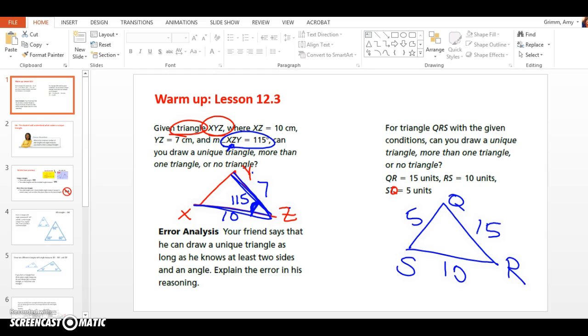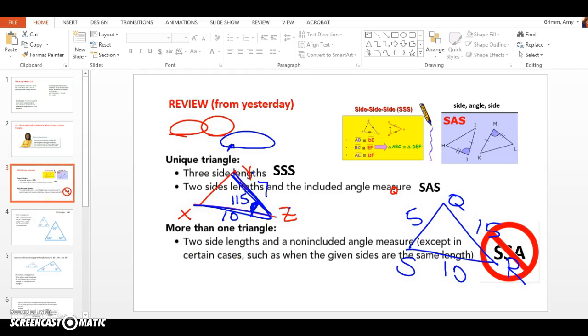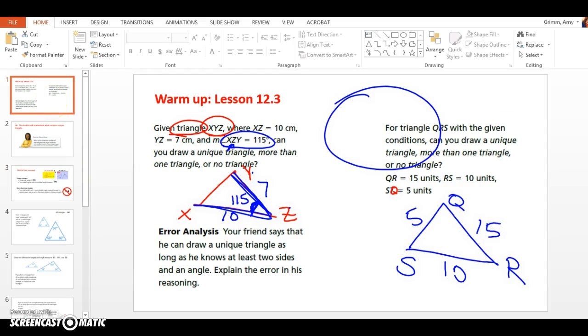What's that called? That's the easy one. It's SSS. It's side, side, side. It's not even hard words. All the sides are the same. So yes, that's the one that we just talked about. If I give you 3 lengths of wood, everyone would have the exact same triangle every time.